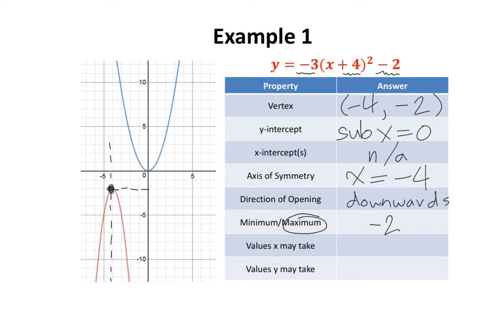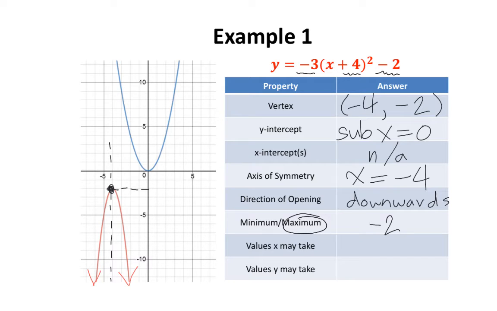Now, the last two properties or features of this parabola we haven't talked about before. So we want to determine what values x may take. If you recall, a parabola continues on forever. So there really should be an arrowhead both here and there, which indicates that these lines go on and on forever.